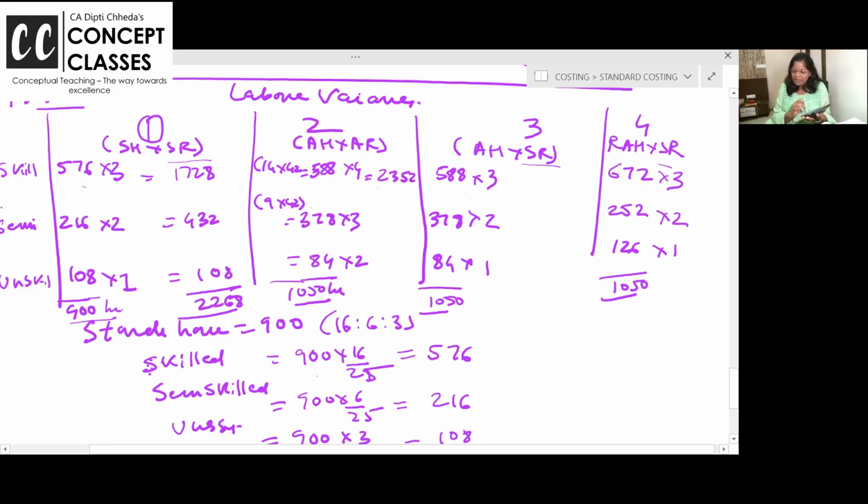Put 2352 in memory. Anyone in the class still doesn't know how to use M plus, M minus? 378 into 3, 1134. 84 into 2, total 3654.